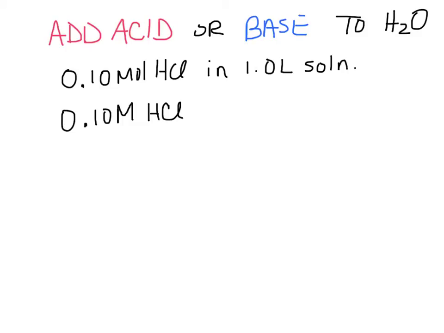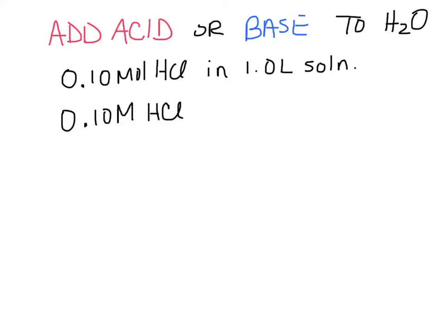So we want to know what's the concentration of the hydrogen ion or hydronium ion in this solution. So we have the self-ionization of water, but we also have the reaction of hydrochloric acid with water, which also produces hydrogen ion. So this only works with strong acids and strong bases. There's a whole other situation for weak acids and weak bases.